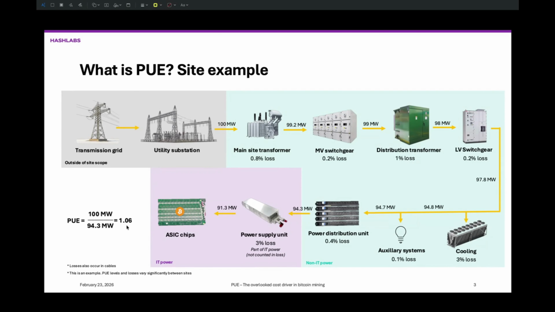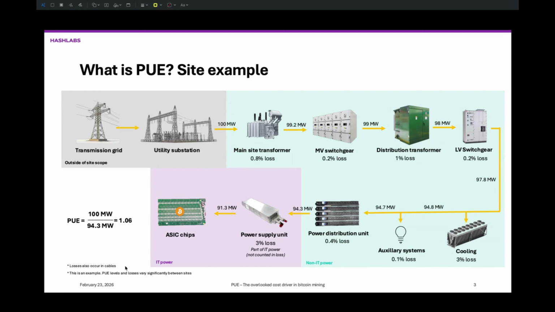So then you have 1.06. So we see that 6% more power is used just to deliver power to the chips and cool the chips, then 6% of the power is just going to that.